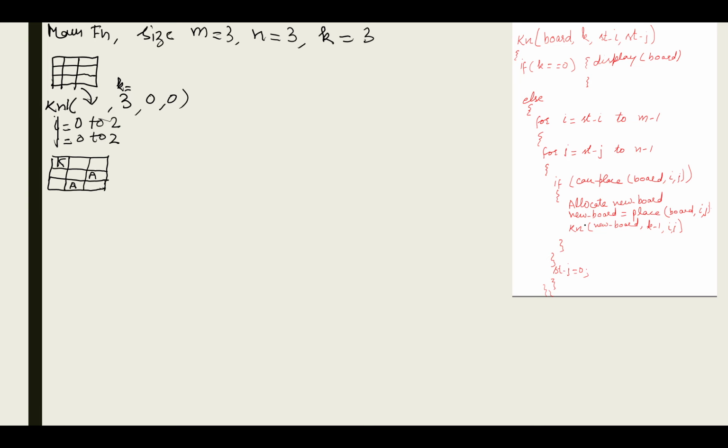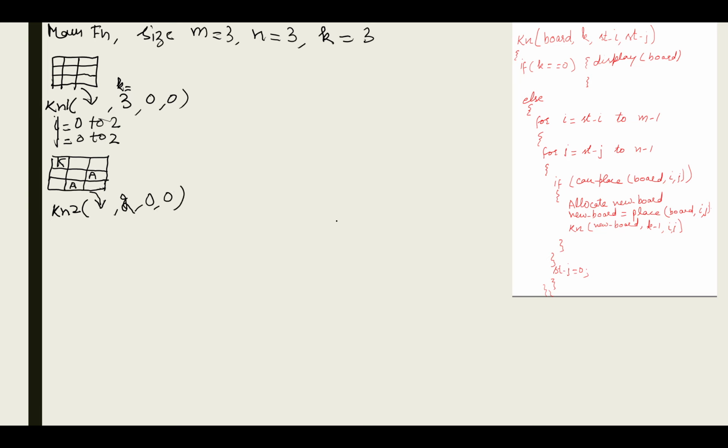After that, again the call to kn goes. Now this call is the second call. I am just writing 2 here for understanding that this is the second call. It will get this board, and now k minus 1. The 2 knights have to be placed because we are reducing the value of k, and start from 0 and 0.